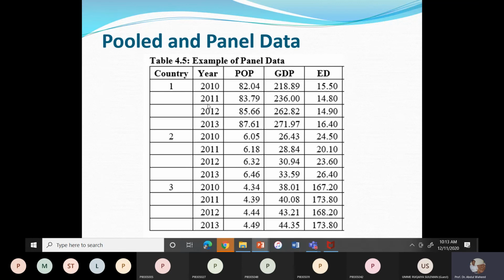You can see that the years are the same, 2010 to 2013, again 2010 to 2013. So this is balanced panel data, because now it is time series as well as cross section. That is why it is panel data and also pooled data.